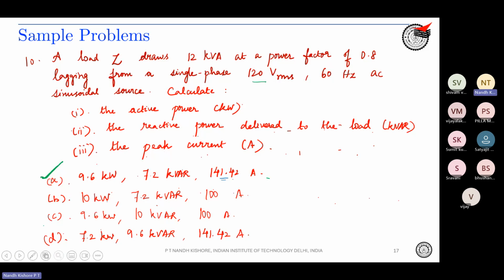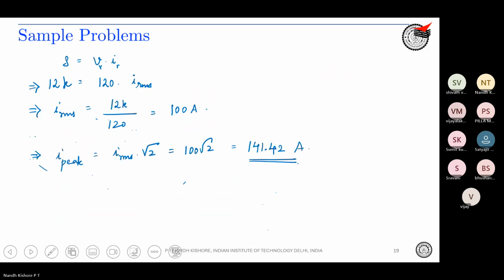The rest, both of these are quite easy: S cos phi and S sin phi. Is this fine till now? Yes, sir. Okay.